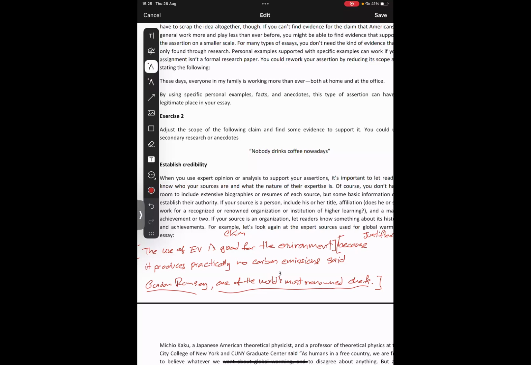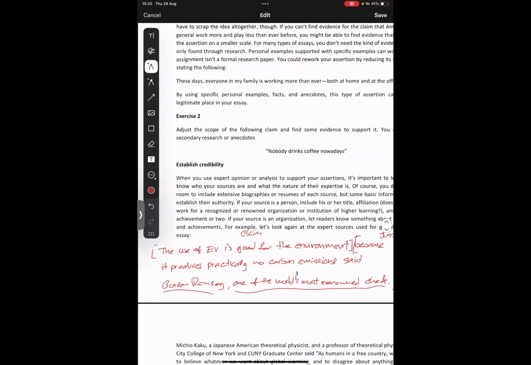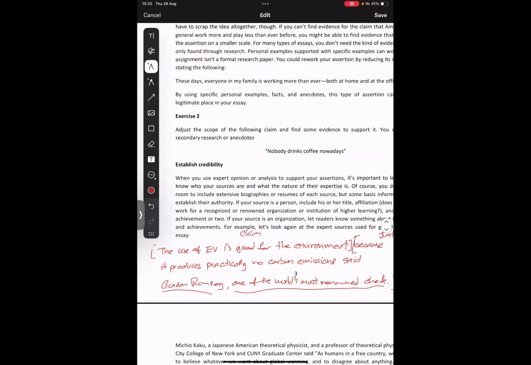Nobody's going to be looking into Gordon Ramsay's past education and history to see whether he has a background in environmental engineering or electrical engineering or not. Okay, so this justification will fail because it comes from a source that has no credibility as far as your claim is concerned, okay?